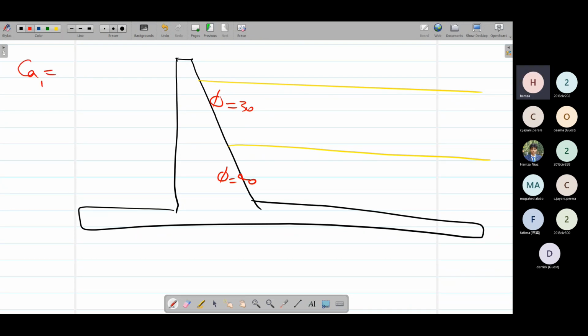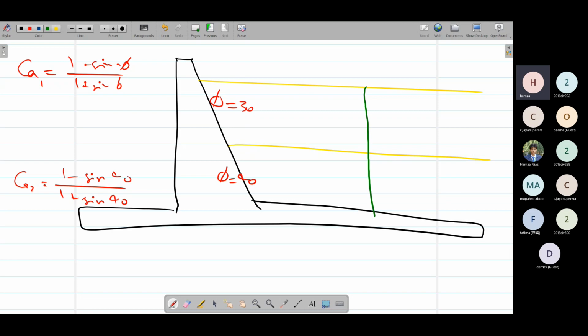So our CA1, the CA for first layer would be 1 minus sine phi over 1 plus sine phi. Similarly, the CA of second layer would be 1 minus sine 40 over 1 plus sine 40. That's the phi value of that layer. So this way our CA value would be different for both layers. After the CA values, now we determine the pressure forces.